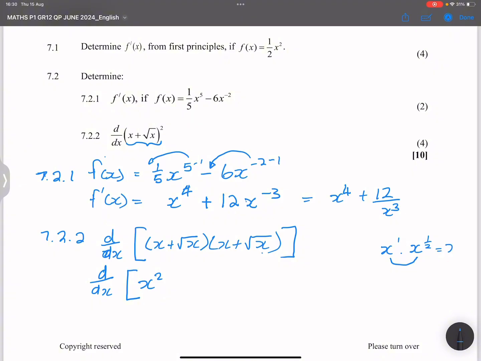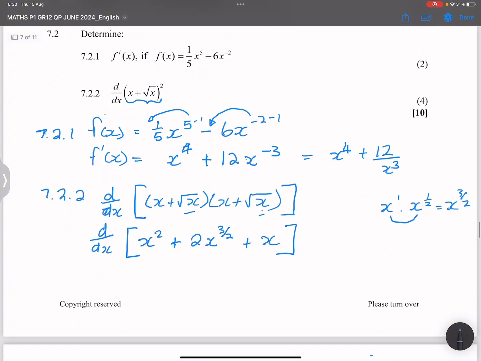This would be x to the exponent 3 over 2, because it would be 1 plus 1 over 2. But we're going to repeat this twice, so I'm just skipping a step here. So this would be 2x to the 3 over 2 plus, now remember, root x times root x would simply give us x. And now we're ready to differentiate.